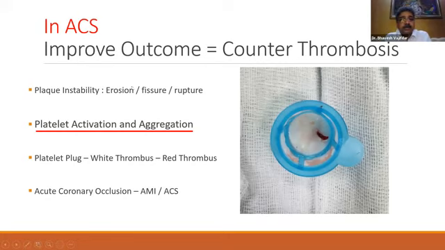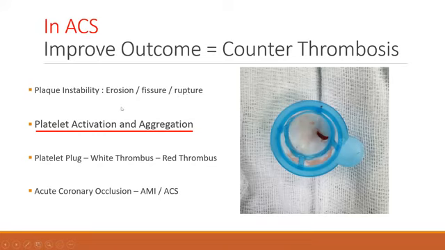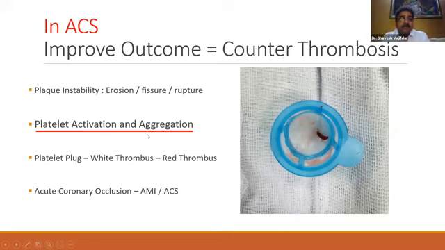We know that all the acute coronary syndromes occur because of plaque instability, because of either erosion or rupture. But the primary thing which happens is that platelet activation takes place, and then there is platelet aggregation which leads to a platelet plug and a thrombus formation, and that leads to an ACS, and that leads to all the mortality and morbidity of coronary artery disease.